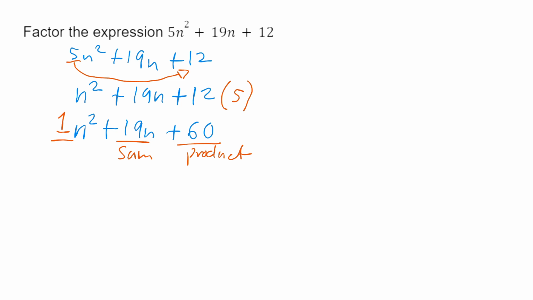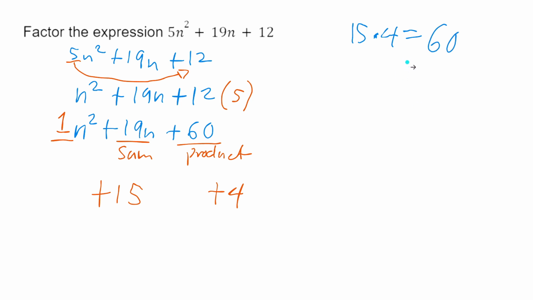You can think of it first, or you may first pause the video. Okay? So those two numbers are what? They should be positive 15 and positive 4. Okay, sir, how come? What is 15 times 4? That is 60, right?